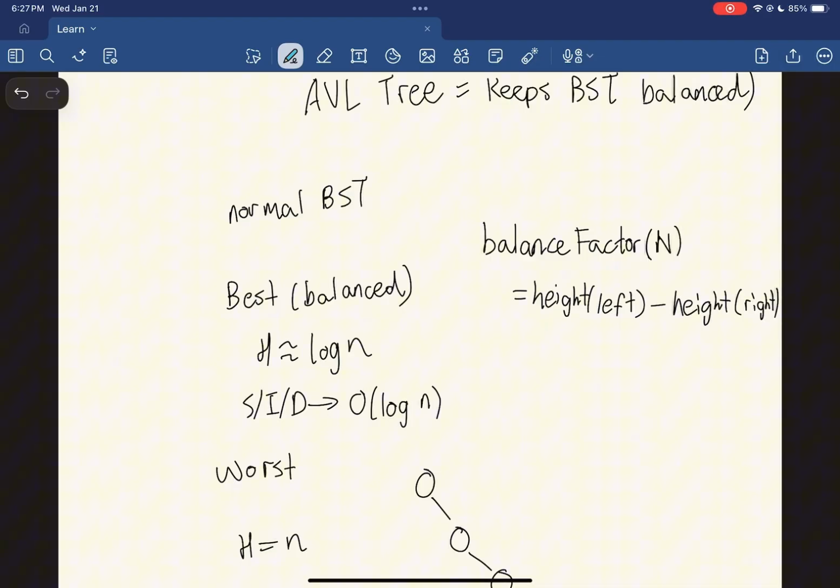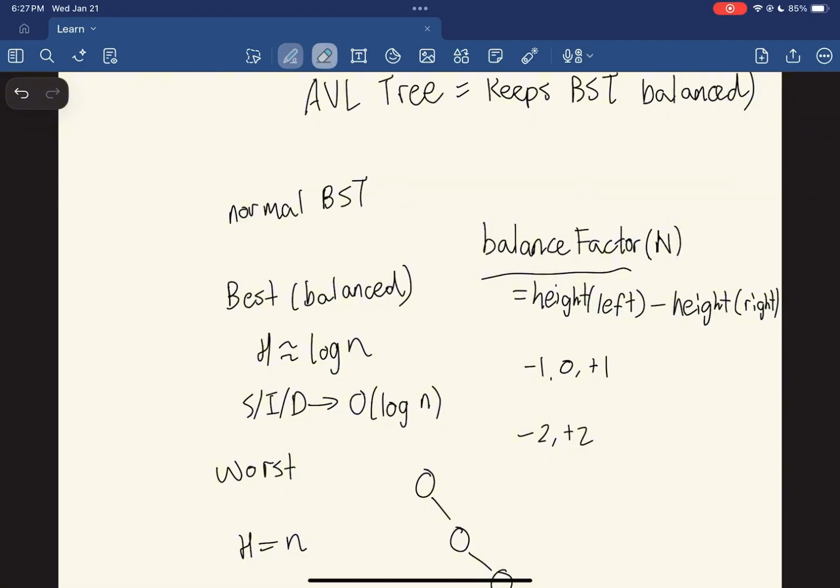Then for an AVL tree, the balance factor is always going to give you either -1, 0, or +1. So if inserting or deleting a node makes the balance factor go outside the range, for example -2 or +2, then we have to rebalance it with something called rotations.